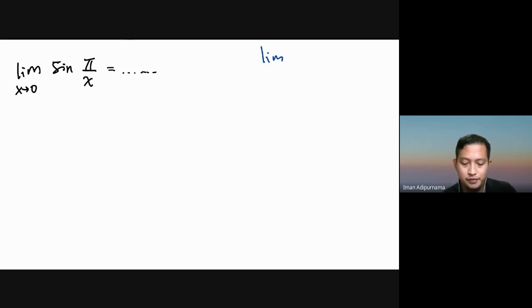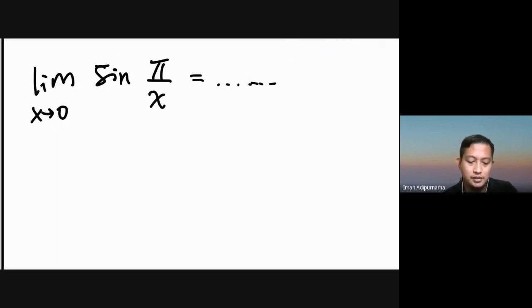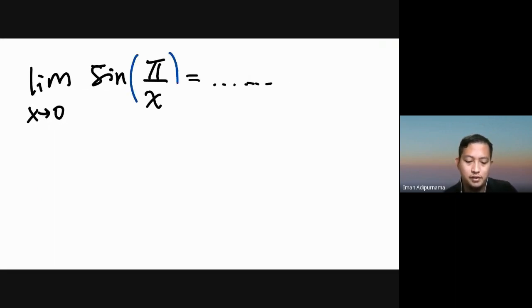The previous one, although I haven't explained clearly what this is, is sine x over x. Now, sine, but we have pi over x. If we look at what the limit is, it's approaching 0, right?